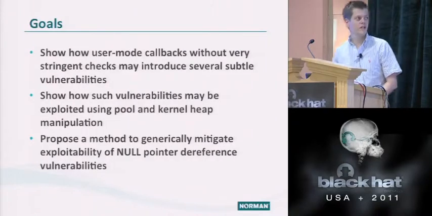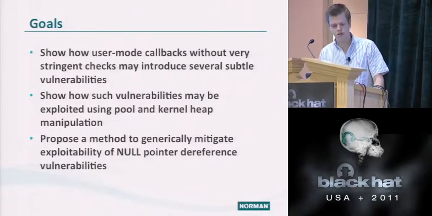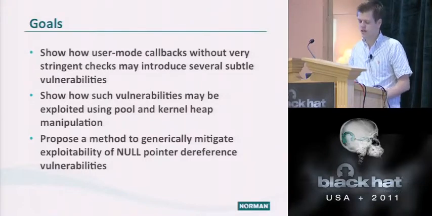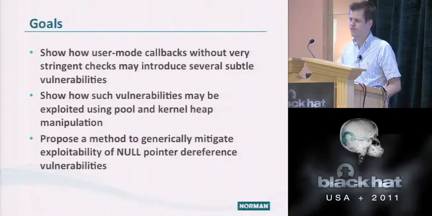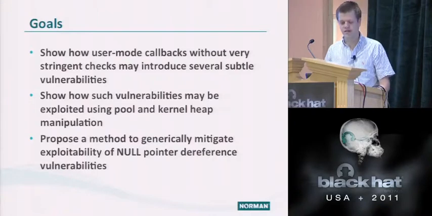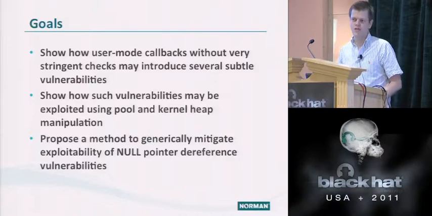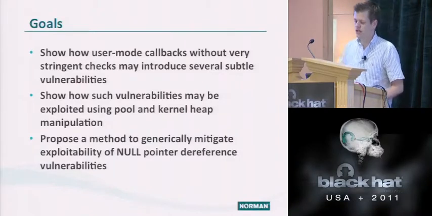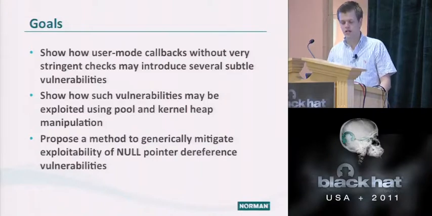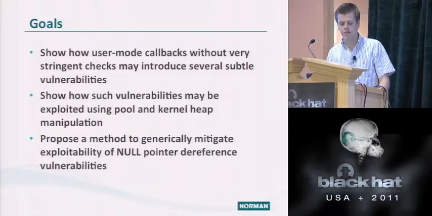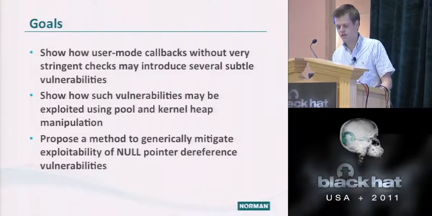So the goal of this talk is to show how user mode callbacks, without very stringent checks, may introduce several subtle vulnerabilities. We'll also try to show how such vulnerabilities can be exploited, for instance, using pool or heap manipulation. And finally, we'll try to propose a method to generically mitigate null pointer dereference vulnerabilities.